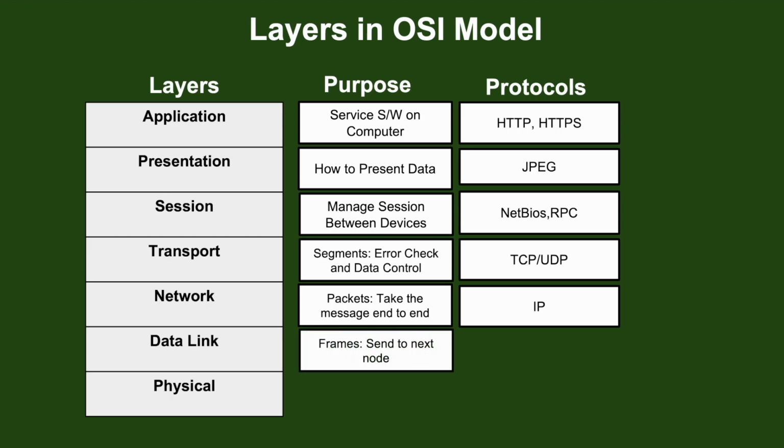At the data link layer, these packets, which contain the segments with data presented in a certain format by the application, are encapsulated into something called frames. If it is Ethernet, we call it an Ethernet frame, but fundamentally it is a frame. The purpose of the data link layer is to send this frame from one node to the immediate next node.